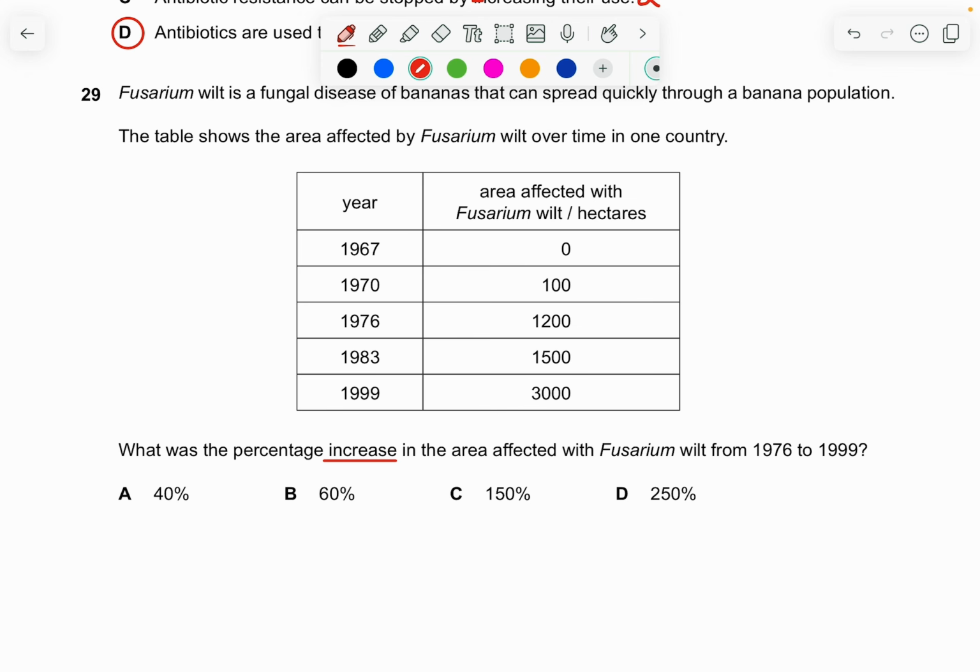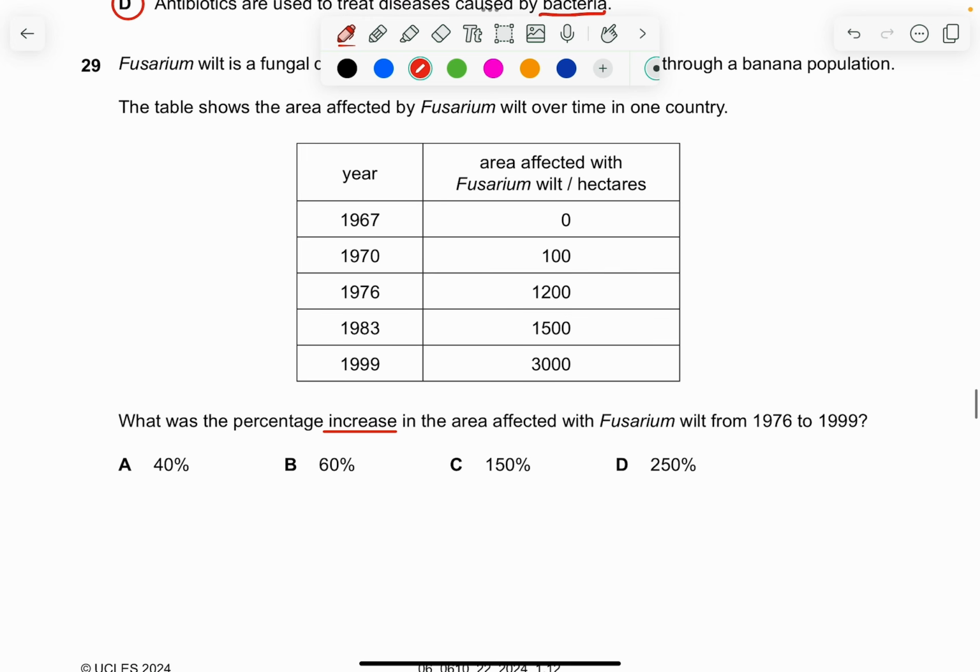So of course, let's do our calculation. From 1976 to 1999, okay.